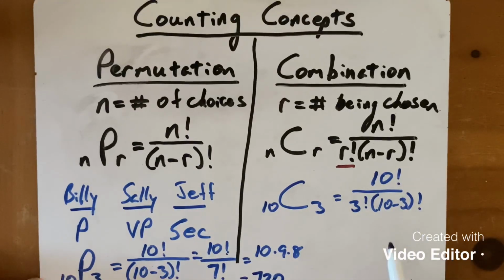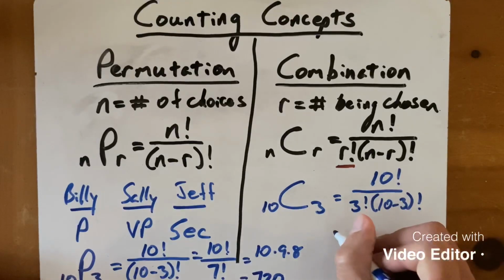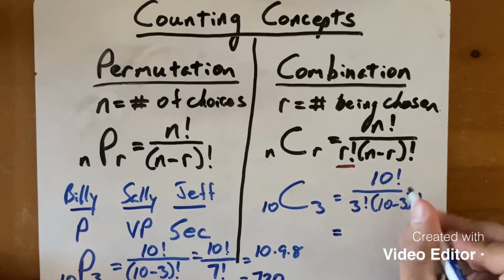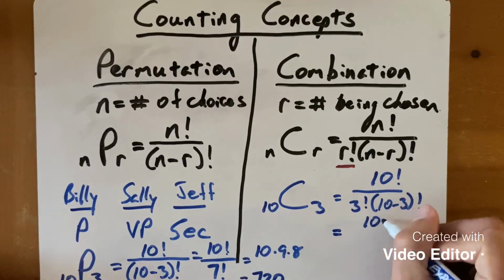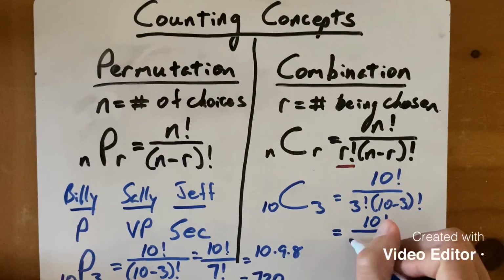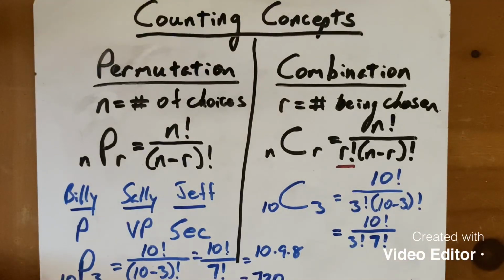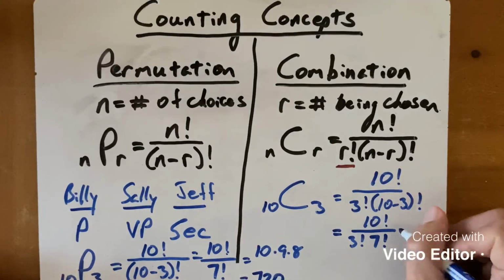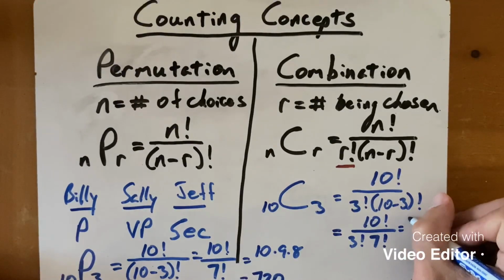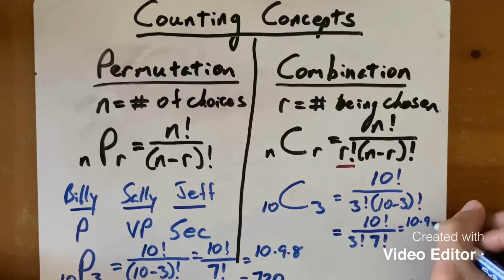When order doesn't matter, and I just want an equal group of 3, then I'm going to use this. So let's go ahead and simplify on that. I've got 10 factorial divided by 3 factorial times 7 factorial. Once again, the 7 factorial is going to cancel out. So on the top, I'm going to end up with 10 times 9 times 8 again.